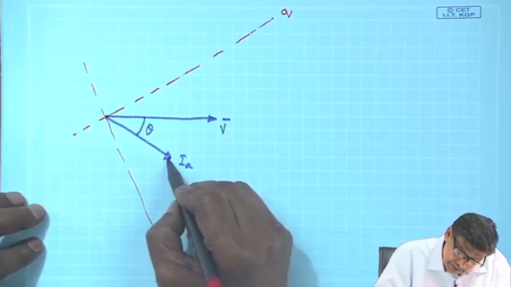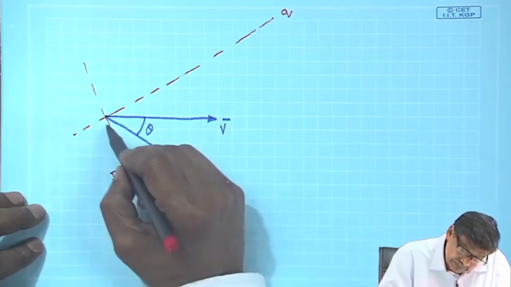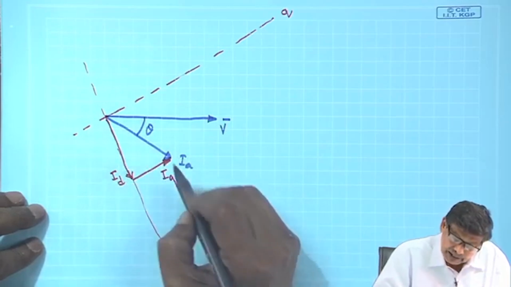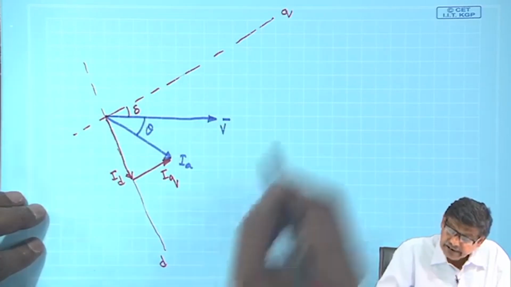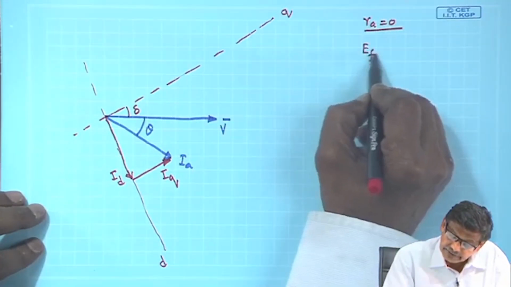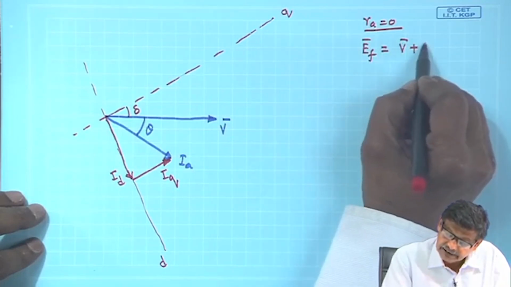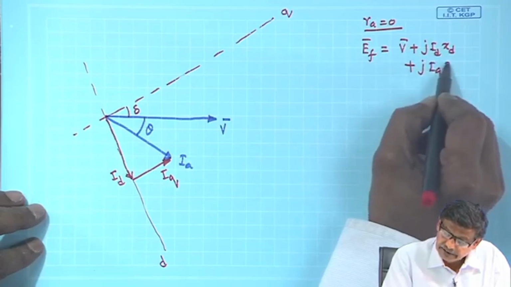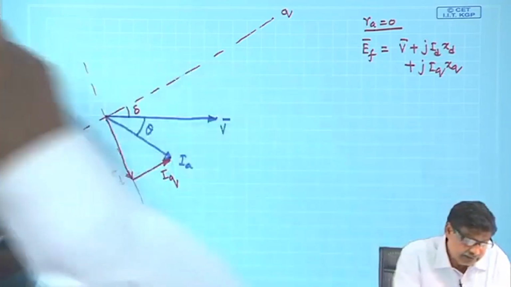Then I will break up IA into Id and Iq, and this is delta; tan delta is known. And then if RA is neglected, RA is 0, then Ef, this is true, is equal to V plus j Id Xd plus j Iq Xq. So, V plus Id Xd, it will be like this.